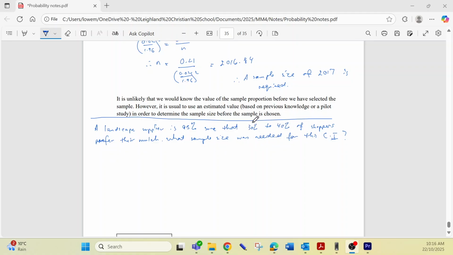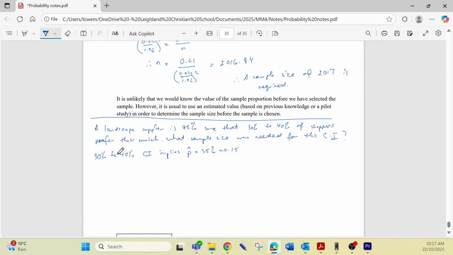If we have the endpoints for our confidence interval, by implication the sample proportion is halfway between them. So a 30% to 40% confidence interval implies p hat is equal to 35%, or 0.35. It's a 95% confidence interval, and p hat is 0.35.